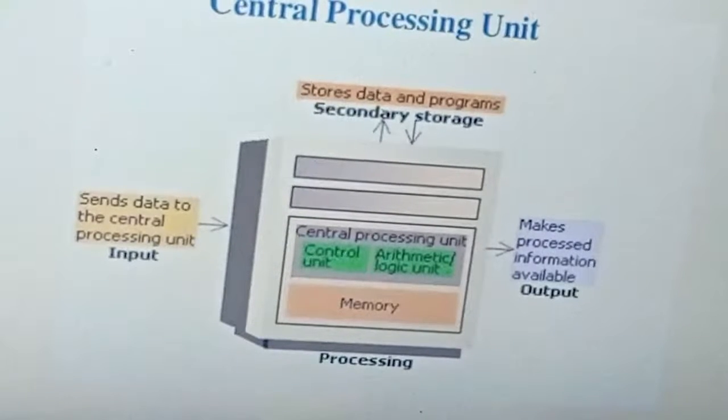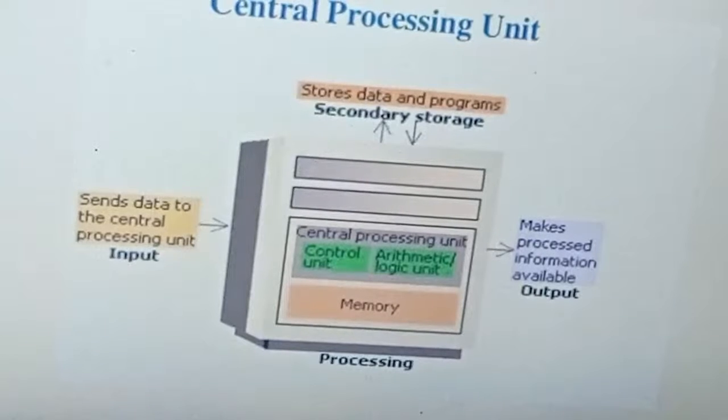The first step is it fetches the instruction from the memory. The second step is it decodes that data from memory to the arithmetic logic unit. These two steps together are called fetch time, and the second step together is called instruction time.